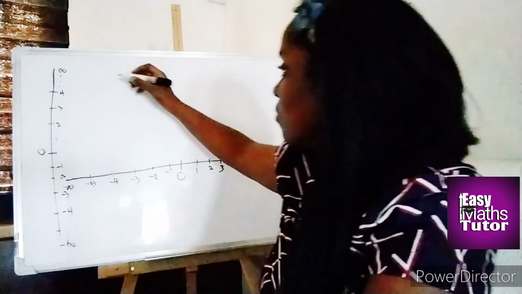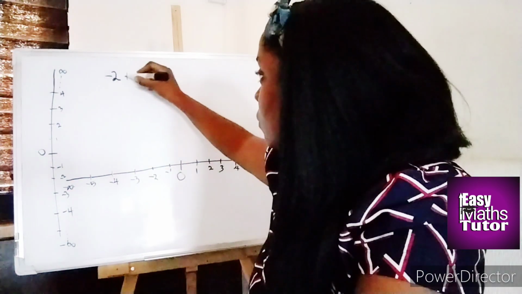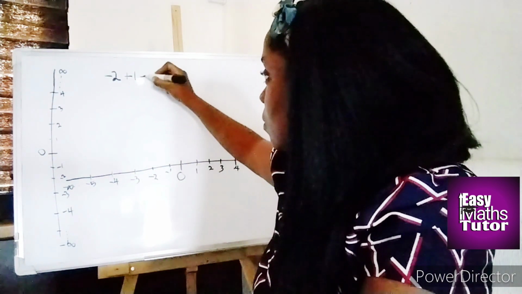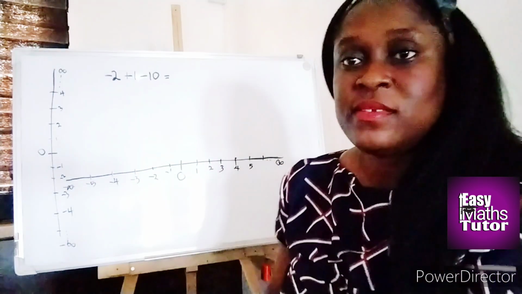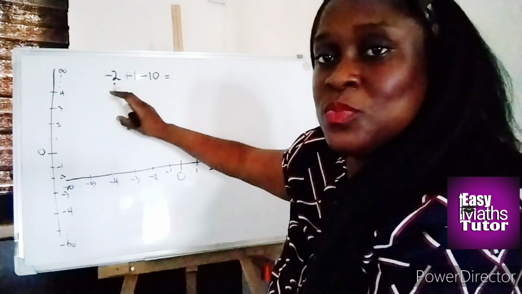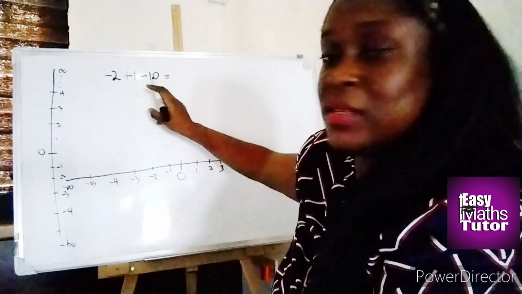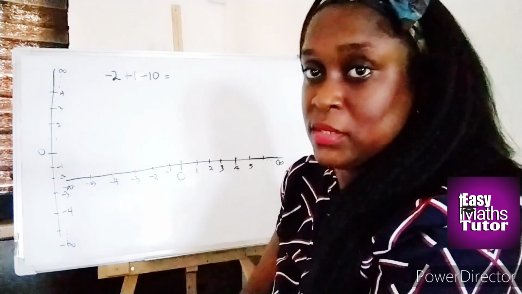So let's say we have minus 2 plus 1 minus 10. What will be our answer? Okay? So we have something we call BODMAS.